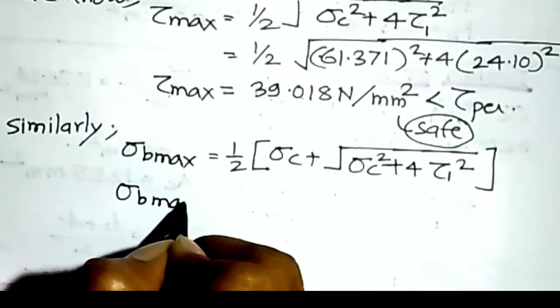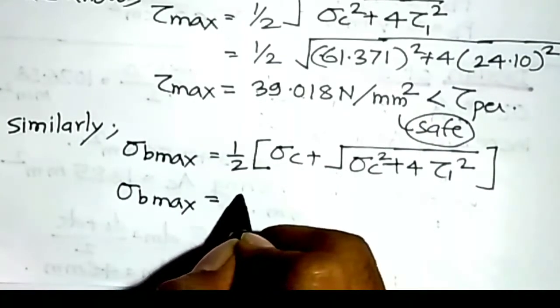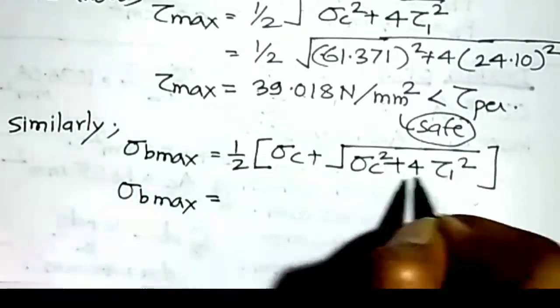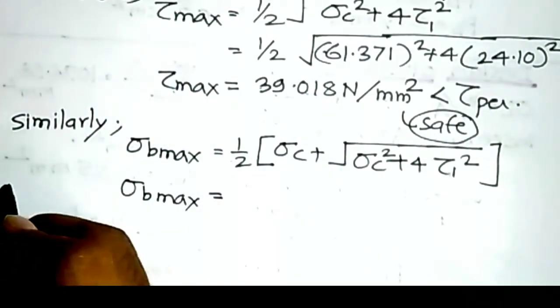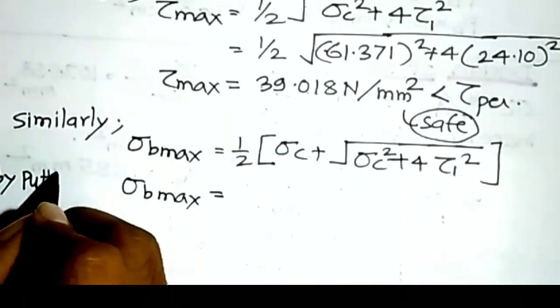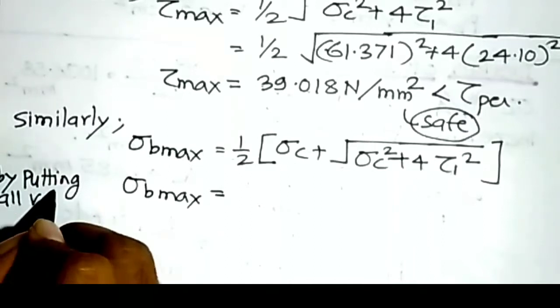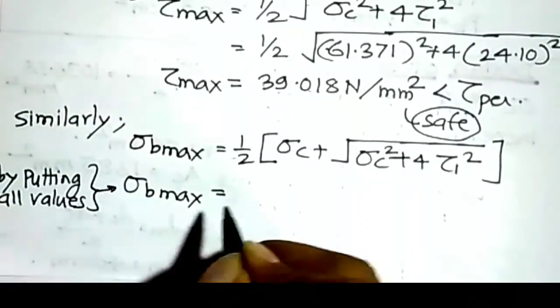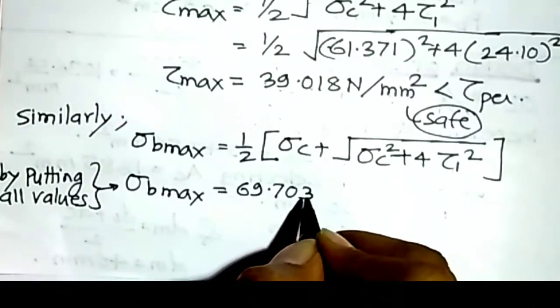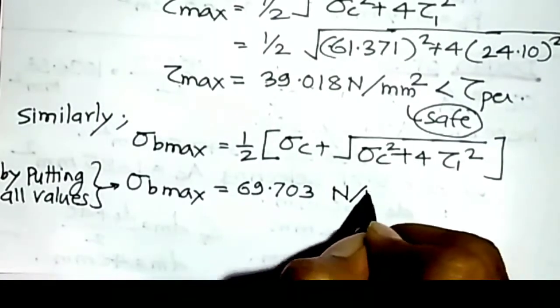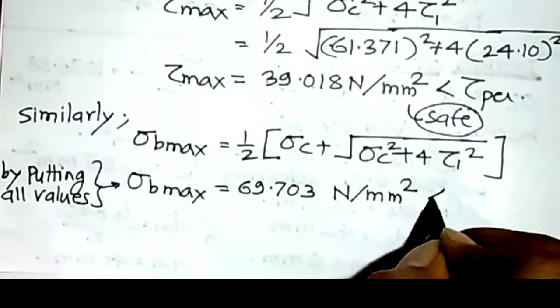In a similar way, we can find sigma B max by the maximum principal stress theory, that is half of sigma C plus under root of sigma C square plus 4 times tau 1 square. By putting all the values, we can find sigma B max, and we have to check whether it is less than the permissible limit of bending stress, which is 82 Newton per mm square.